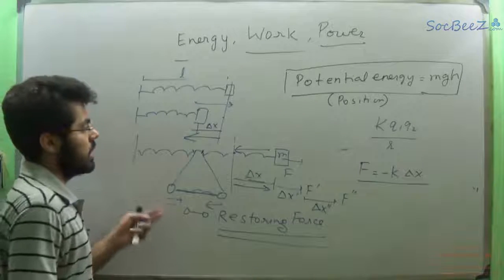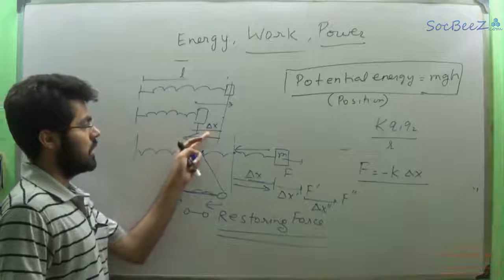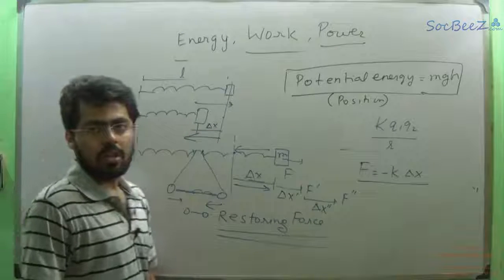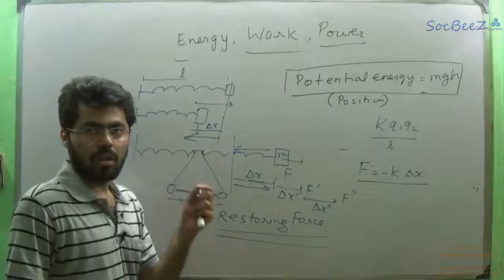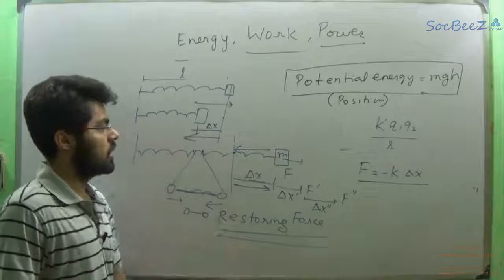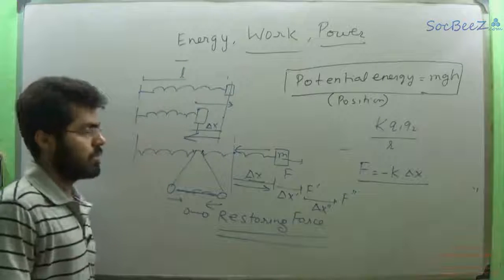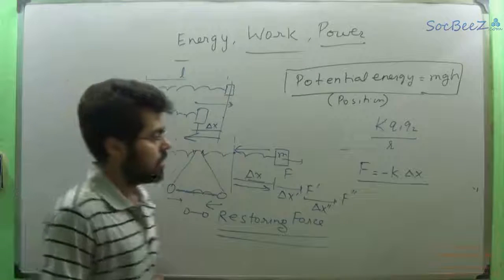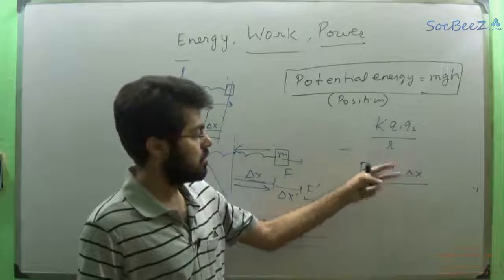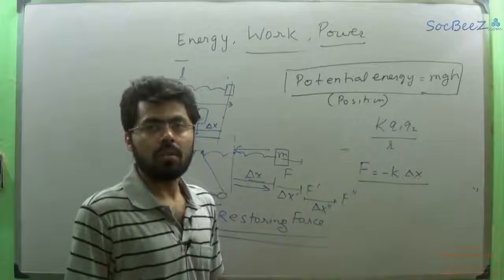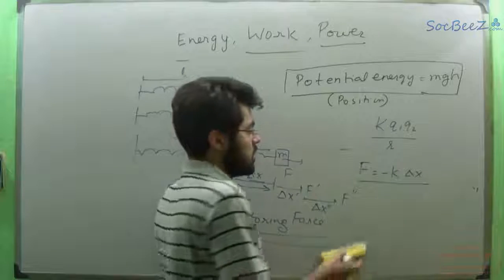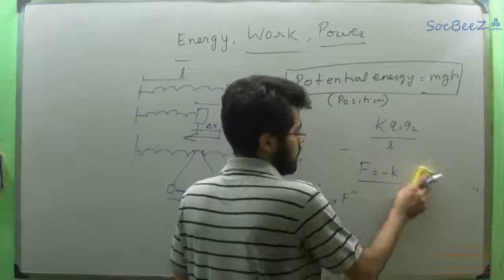So for that, it has to be always opposite to the displacement of the point of the object. That's why it comes negative. F is equal to minus K delta x. So if this delta x changes, the F will be changing.